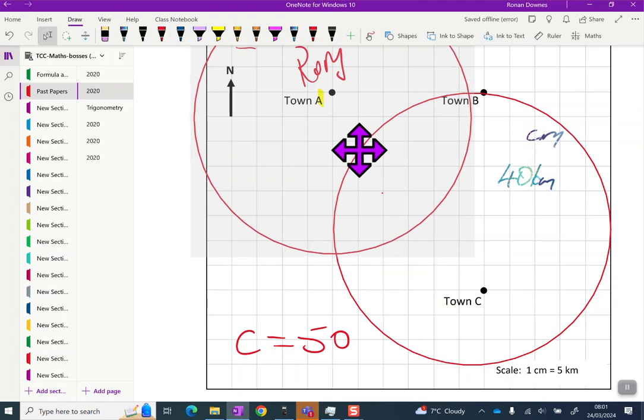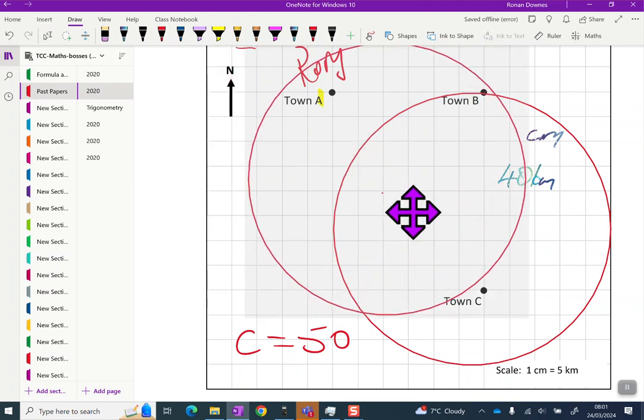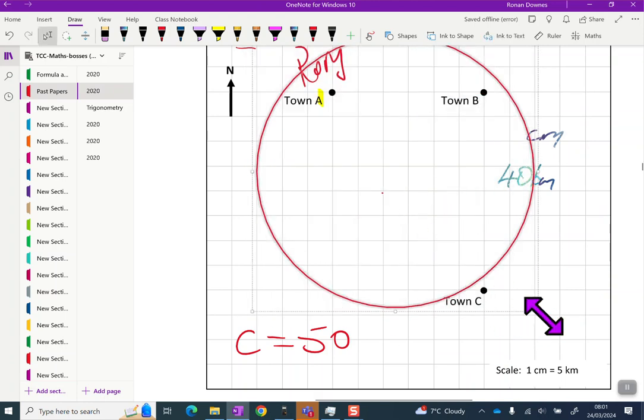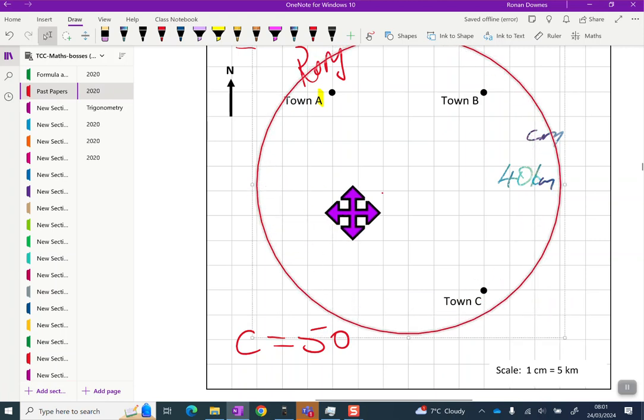But what I need is a circle of exactly radius 6, which will mean it will take up 12 boxes. 1, 2, 3, 4, 5, 6, 7, 8, 9, 10, 11, 12 from side to side.